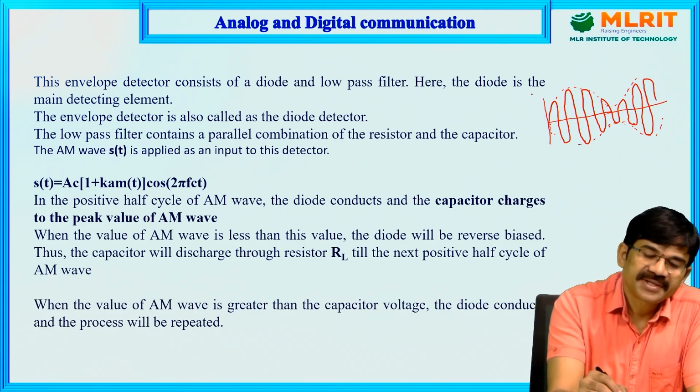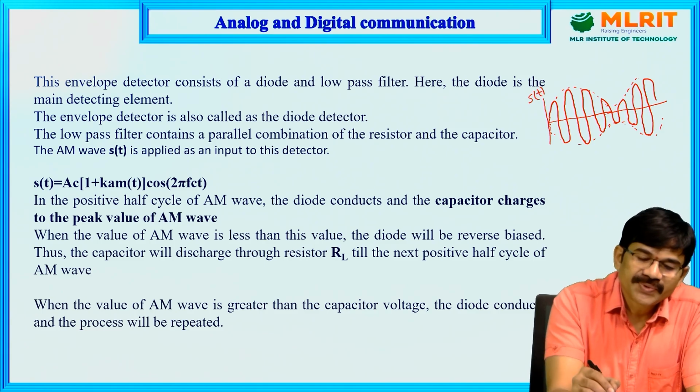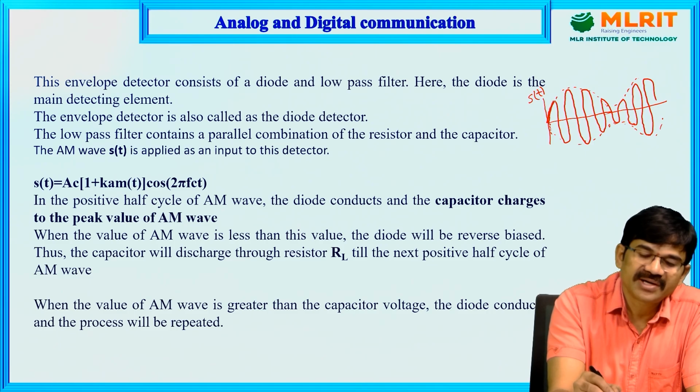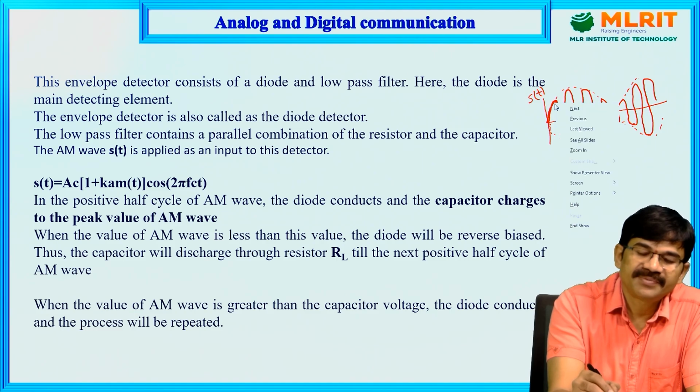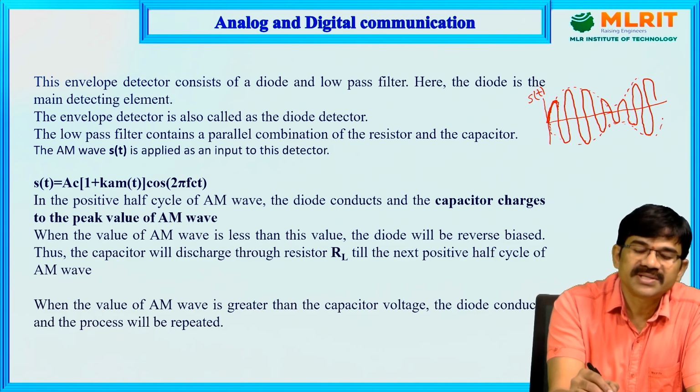Initially the capacitor quickly charges to the S of t value, reaching the peak value of the input voltage. Next the voltage is decreasing, that is, in the negative half cycle, and the capacitor starts discharging through R L. The R L value is very high, so the discharging time constant is also very high. It discharges slowly, and before it fully discharges, the next positive half cycle comes.